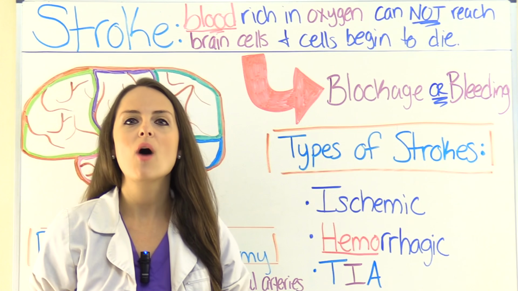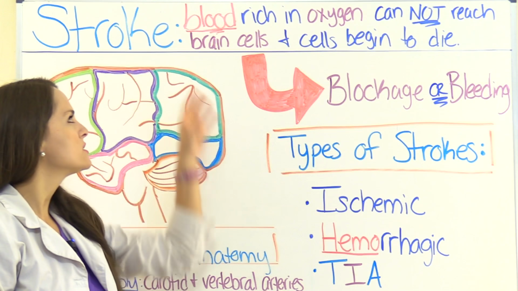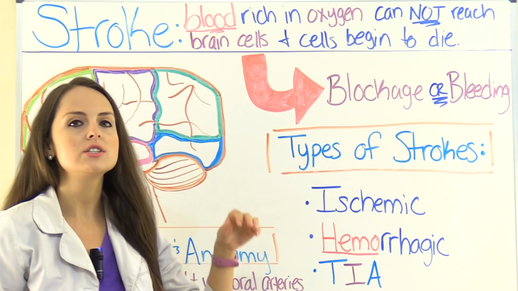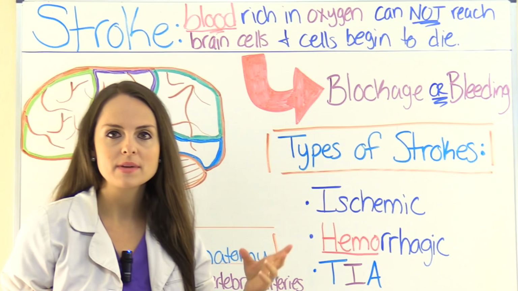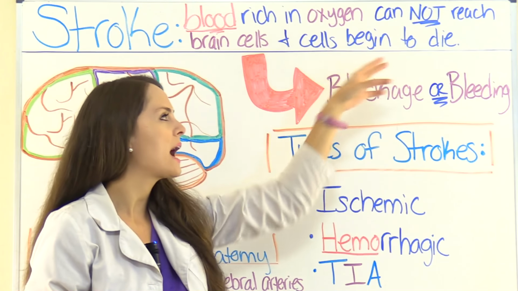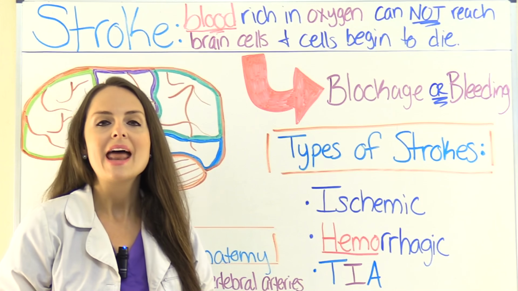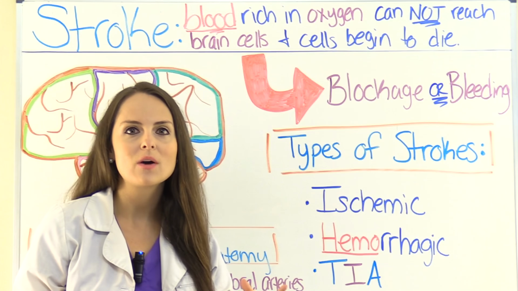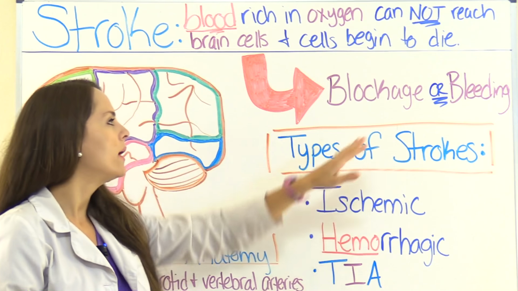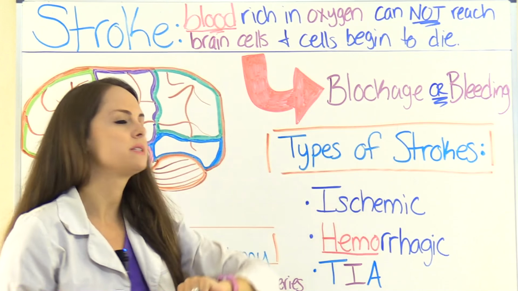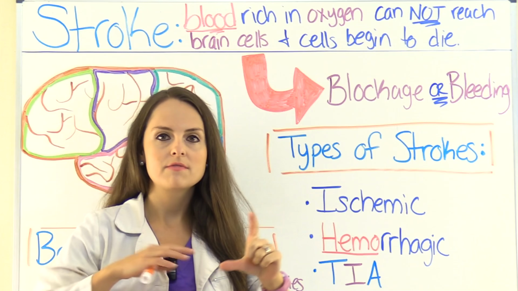First, let's start out talking about what is a stroke. It is where blood rich in oxygen cannot reach brain cells. And when this happens, cells begin to die after a certain amount of time. Now, what can cause this? What can limit blood flow to the brain tissue, those cells? Well, number one, a blockage of some type in those vessels that feed the brain tissue.